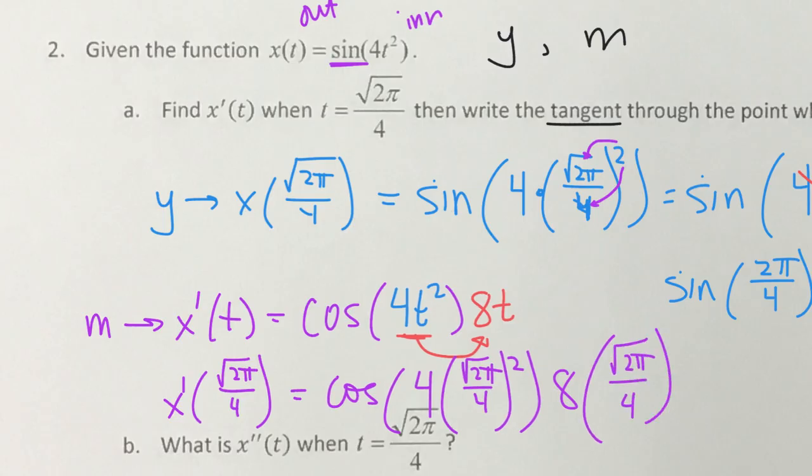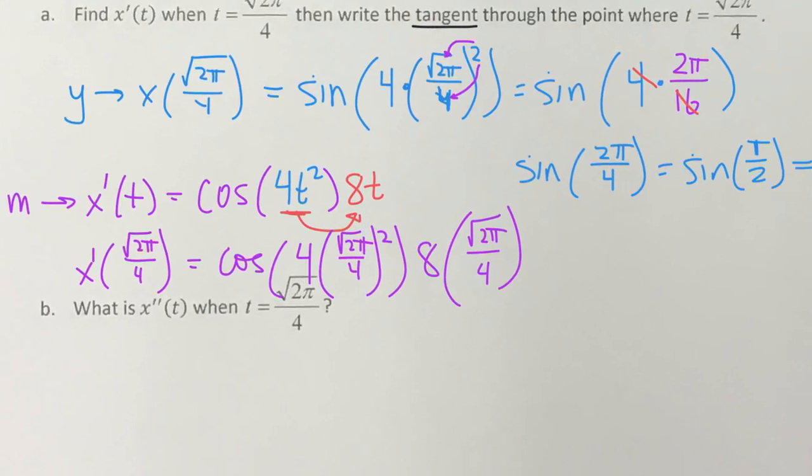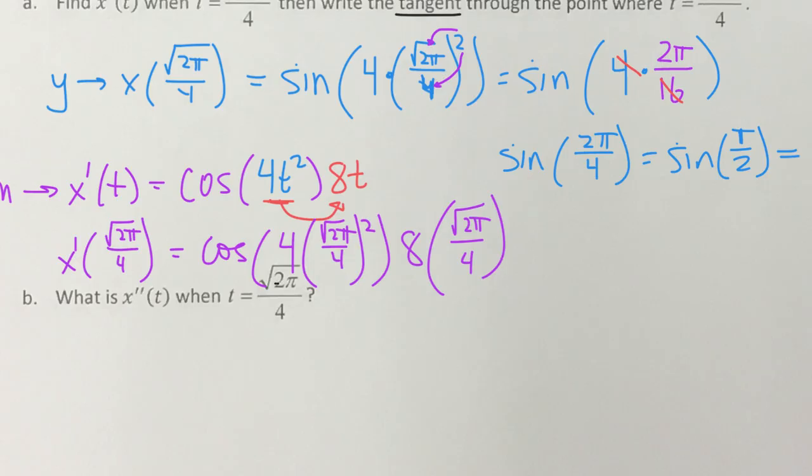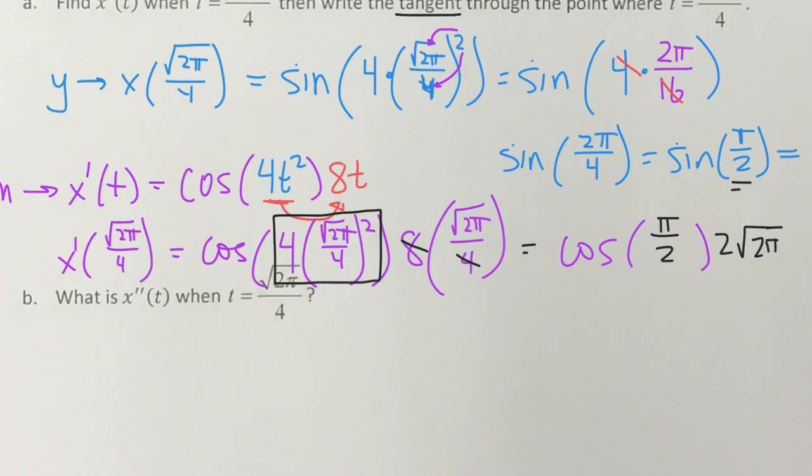That has a second part to it for our slope. Remember what this was. This isn't going to change; we had exactly that last time. That's just pi over 2. So this is the cosine of pi over 2, and then 8 divided by 4 is 2, so 2 square root of 2 pi.